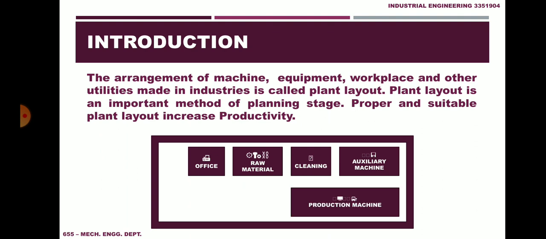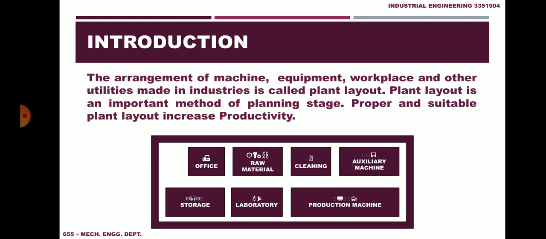Then it moves to a production machine, then to a laboratory, and then to a storage. So one directional flow of material production is achieved. With this we increase the productivity.